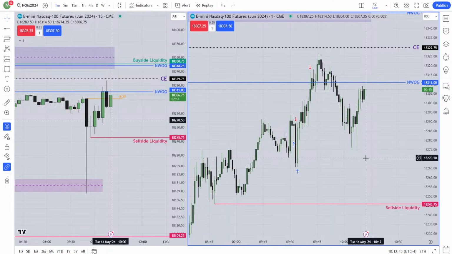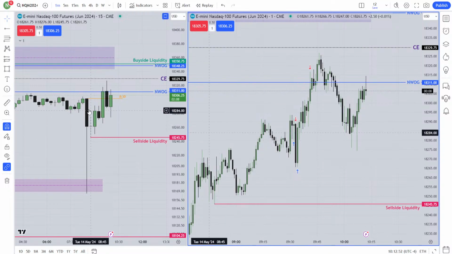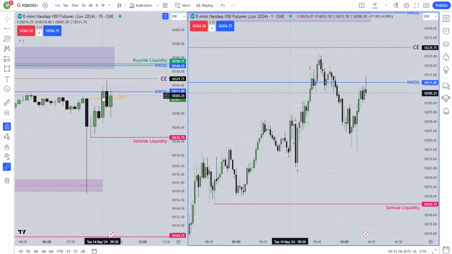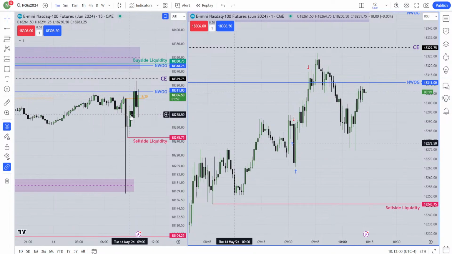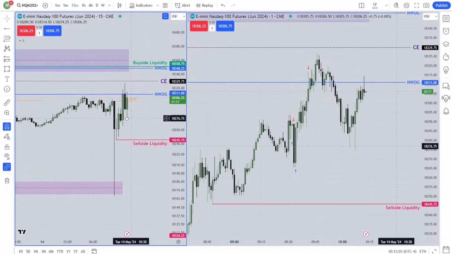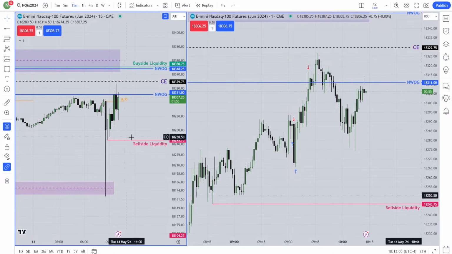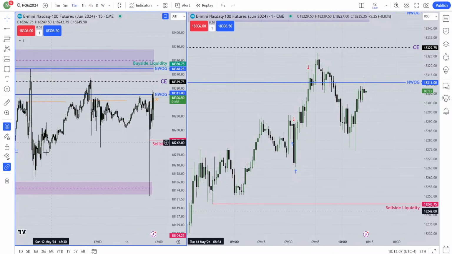What about the 15-minute fair value gap made by the 8:30 candle? That was a bearish fair value gap, which is violated one time. It's just violated, so it's not even an inversion fair value gap. I can't use that as an inversion fair value gap because this low has taken all of these lows.